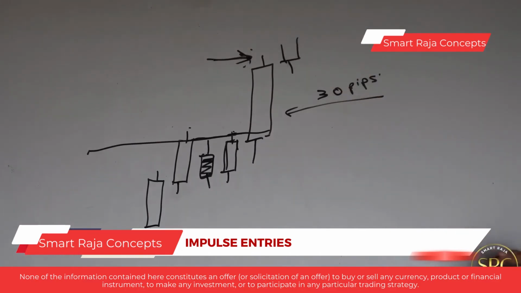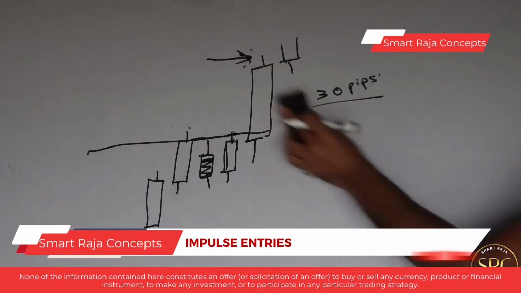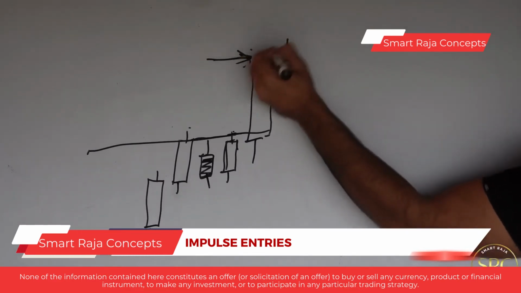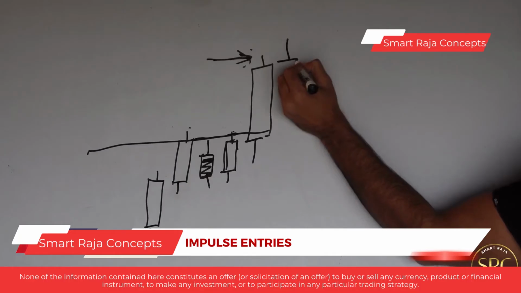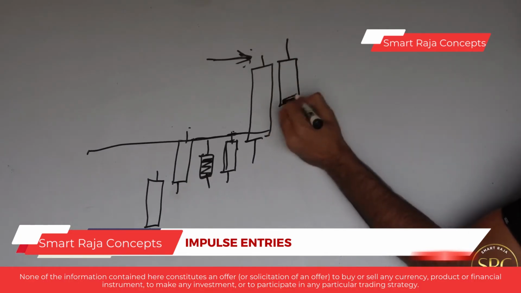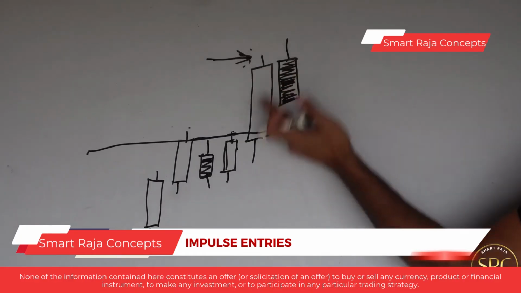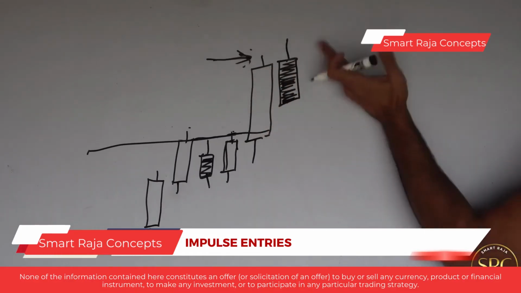If it goes up once, goes up twice, now you're going to believe that it's going to always go up. And that one time, if it doesn't go up, you take a buy, and it starts to go down, you're like, oh man, impulse entries are so tough, they don't work, because of the fundamental rule that the price has left the zone.